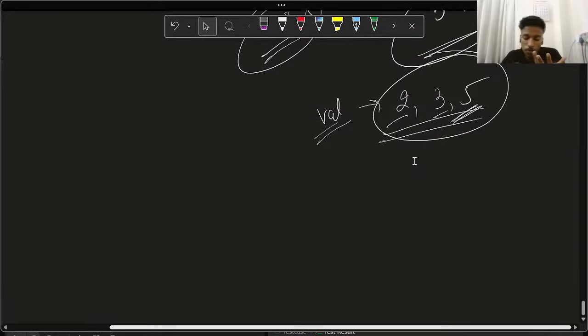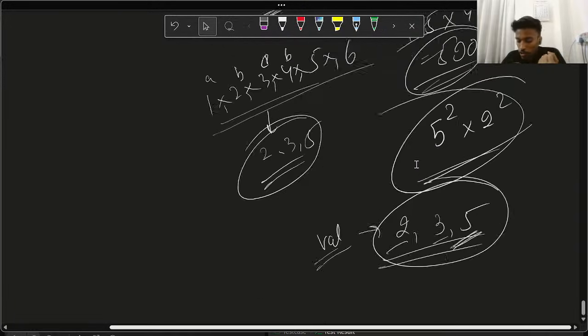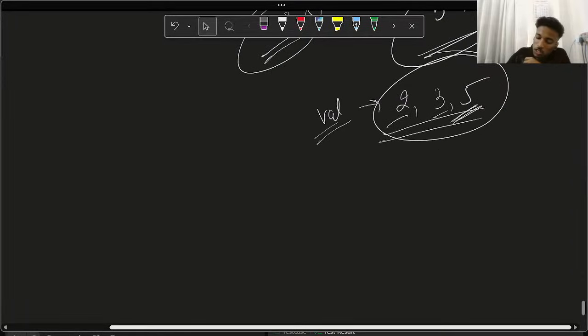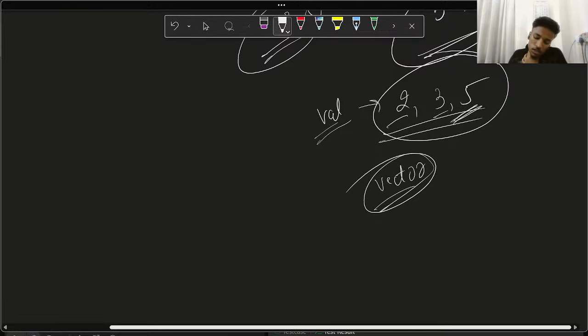Earlier we were transferring the whole array. So this time, definitely, we have done some optimization. And since there are only three values, we can pass them in the form of variables also. Earlier we were passing a vector that was copying, and we needed to use a map for transferring this vector. But this time, since we have only three values, 2, 3, 5, we can definitely pass them as variables.